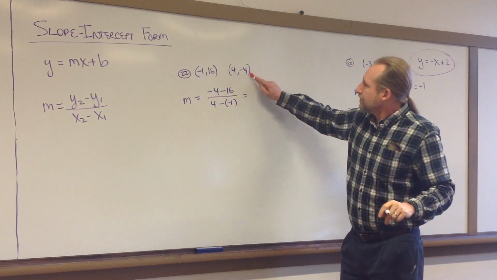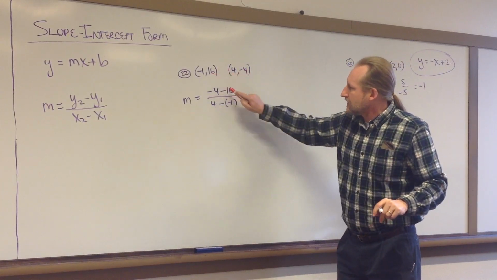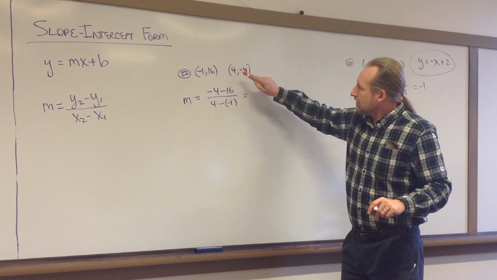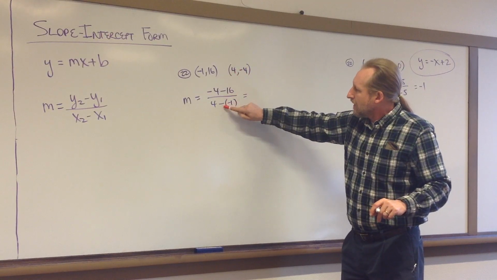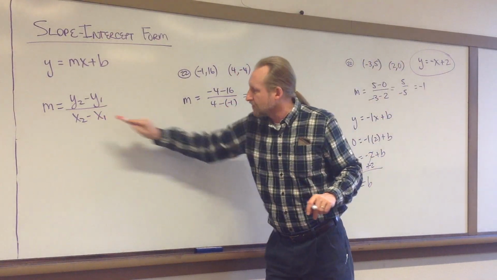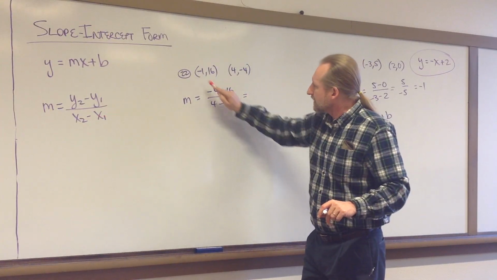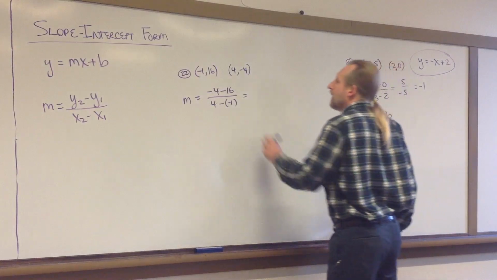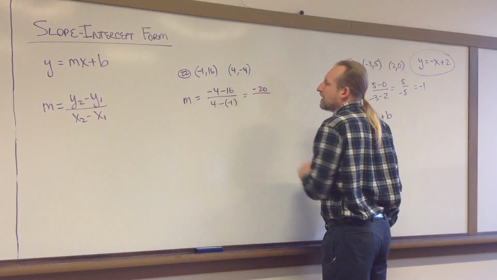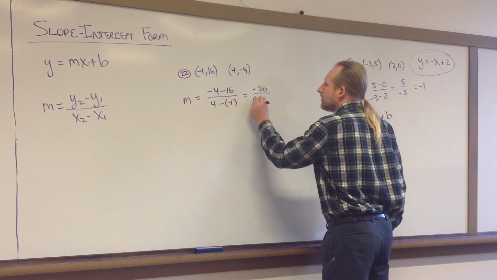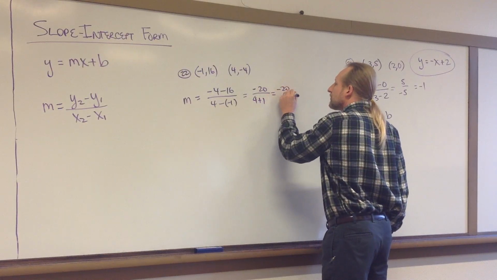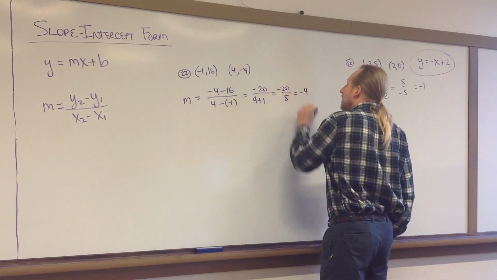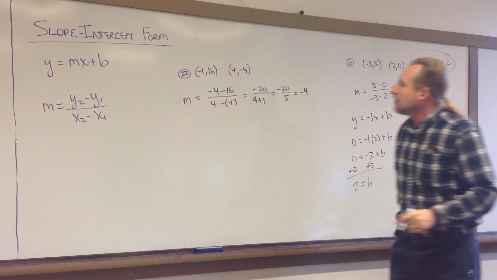So we do negative 4 minus 16 on top, and then 4 minus negative 1. This minus sign comes from the formula, this minus sign comes from the value of the x-coordinate. So on top, we've got negative 20. On the bottom, 4 plus 1 is 5. And so our slope is negative 4.